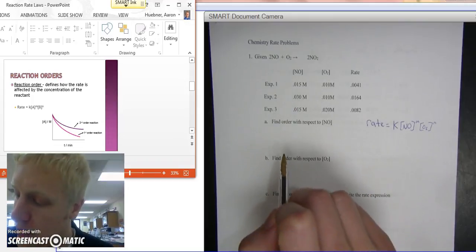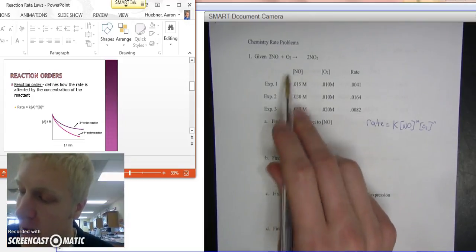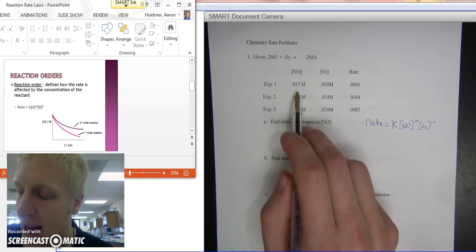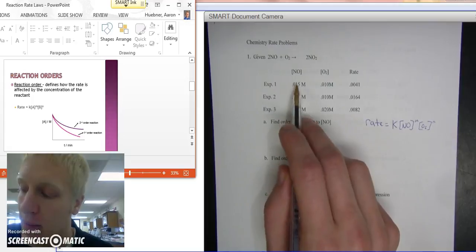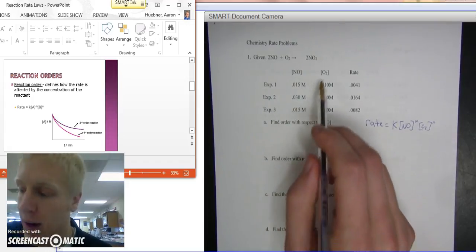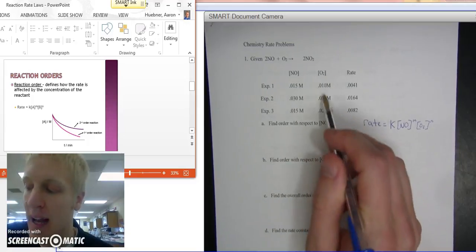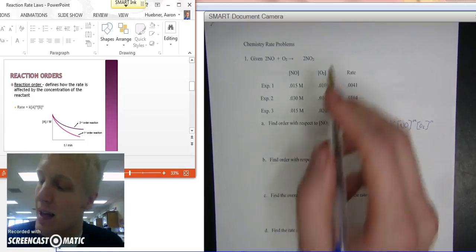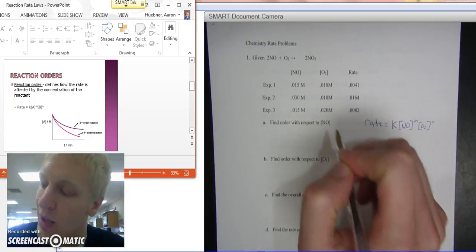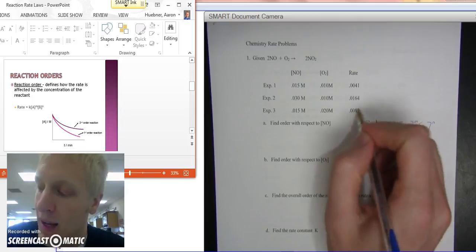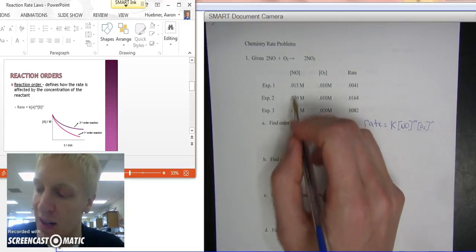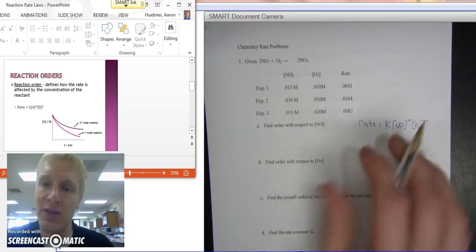Alright, so if I want to find the order of NO, I have to look at where my concentration doubles, but I have to pick it where my other reactant remains constant. Because if my NO doubles and my O2 doubles, then when I'm looking at how my rate is changing, I'm not really sure whether it's because of the change in concentration of NO or of O2.